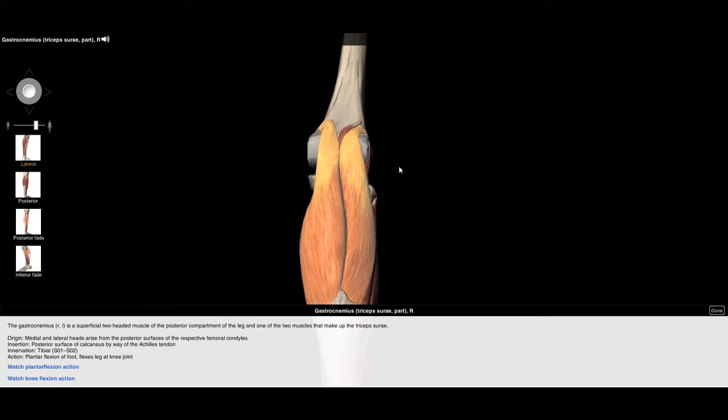We can see that there is going to be a contribution of rotation from the gastroc to the femur. And if the femur connects to the hip, then our gastroc has a direct influence on hip rotation as well. Kind of interesting to say, wow, I never put those two together. But let's keep that in mind.